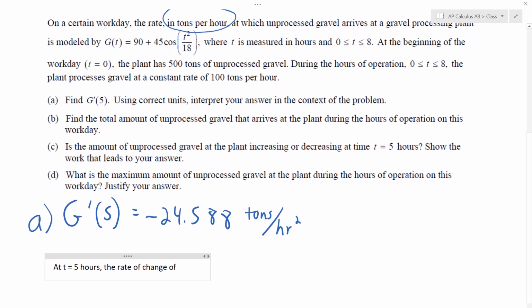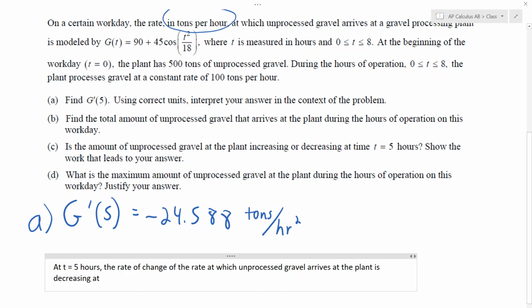The rate at which unprocessed gravel arrives at the plant is doing what? Decreasing at 24.588 tons per hour squared. That's A. I'm explaining what that number means. That's all you got to say.